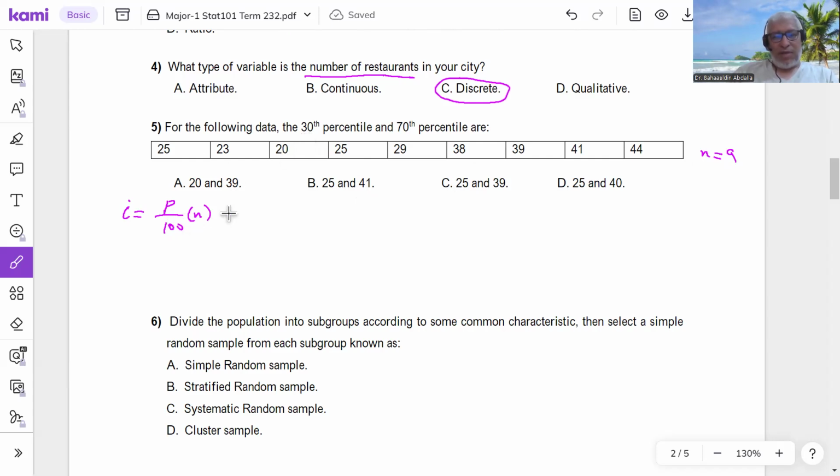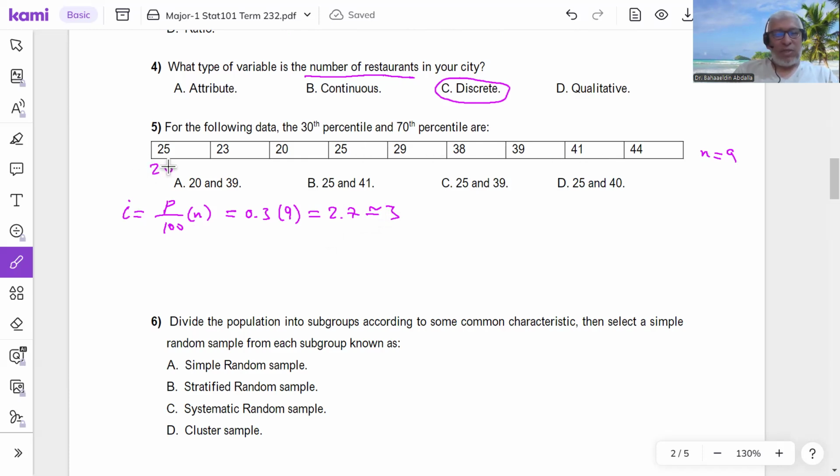At the 30th percentile, the index is 30 over 100 times N, which is 9. So 0.3 times 9, the answer is 2.7. If i is not an integer, you round it up to the nearest integer. So the third position. So the number in the third position would be the 30th percentile. But we need to arrange the data first.